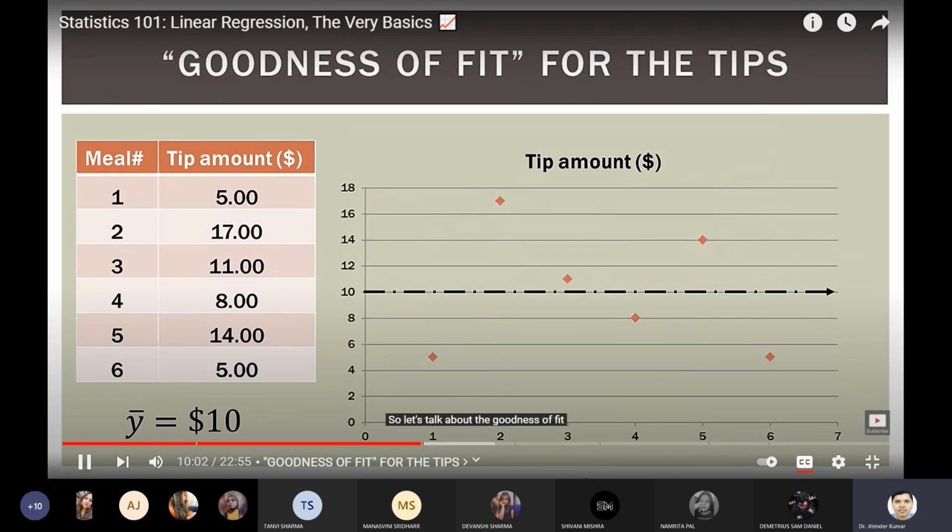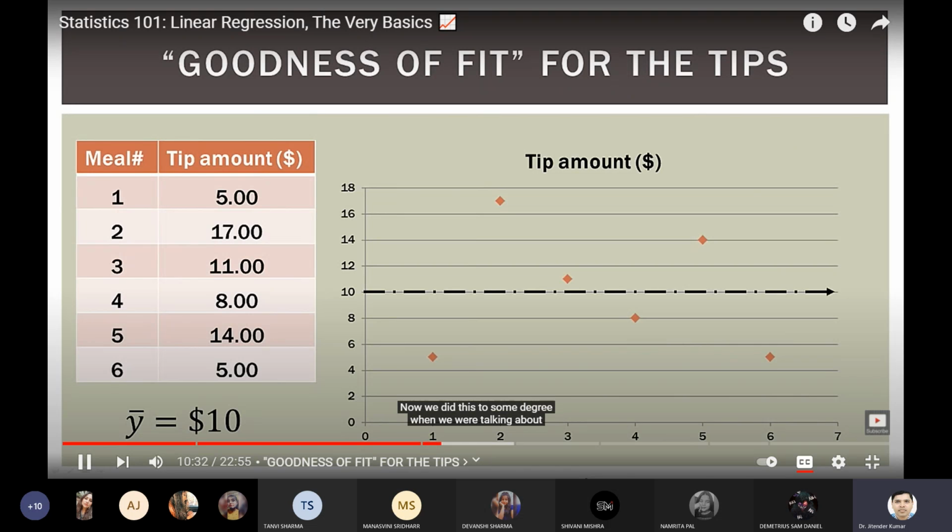So let's talk about the goodness of fit for this line and our tips. Now, obviously, we know that the data points, the actual observed values, do not fall on that line. They do not fall on the $10 line. Some are above and some are below it. So that tells us how good this line fits these observed data points. Now, one way we can do that is to measure the distance they are from that best fit line.